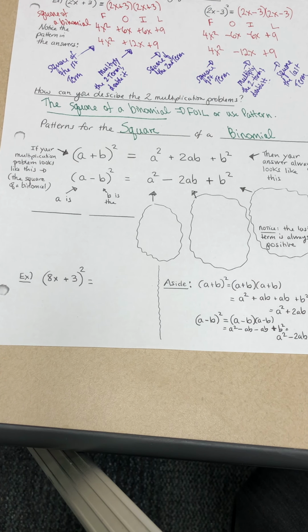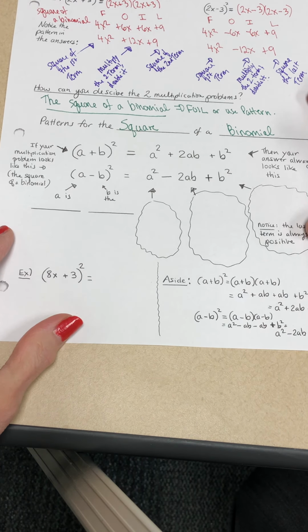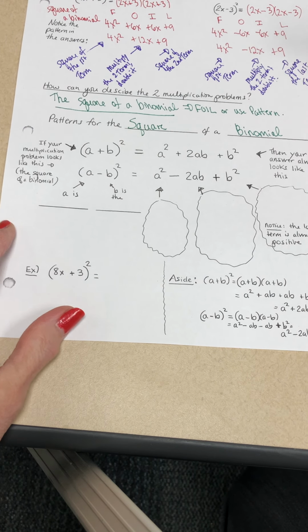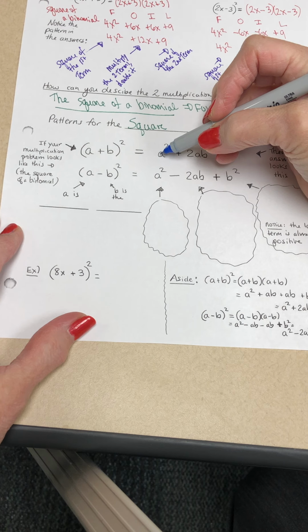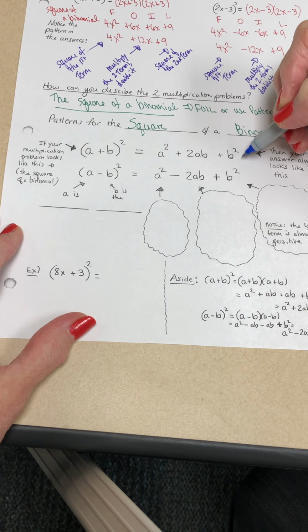Now, the way I just read that, if that's the only way you say these patterns, you probably won't be able to use them when it comes time to. So let's get some language for what's going on with these patterns. First of all, you really need to notice how A's and B's are in the answer.